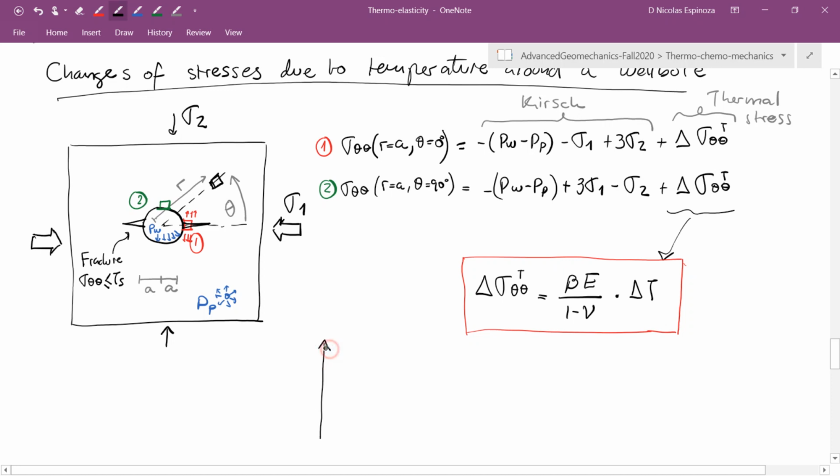And let me do one more thing that hopefully is going to clarify also what is going on in here. Let's plot the hoop stress as a function of the angle theta around the wellbore, where this is 180 and this is 360 degrees.